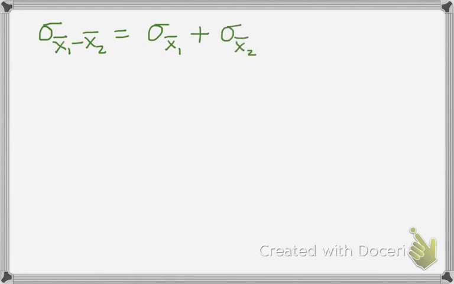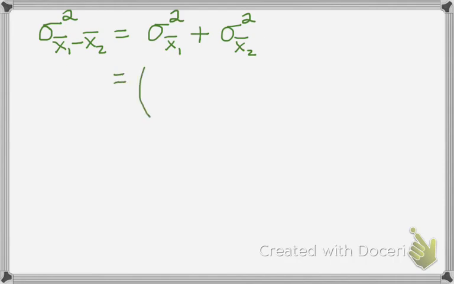But remember, with standard deviations of random variables, we can't add them, so we have to change these to variance. So let's square these. This is the Pythagorean theorem of statistics.